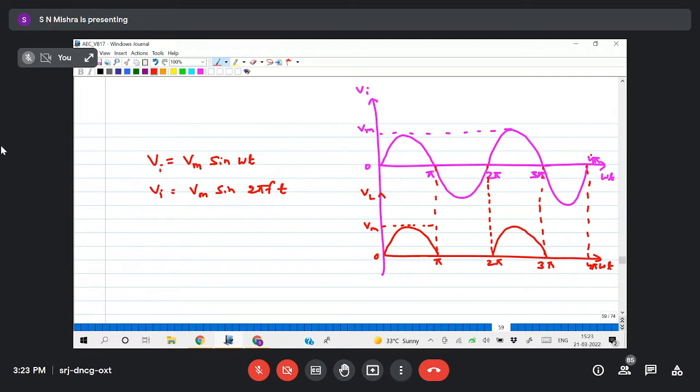You can also take a current signal here. If I take current, this will be Ii and this will be IL. So here I can also take I equals Im sine 2 pi ft. So this will be your Im. Any signal you can take, current signal or voltage signal.